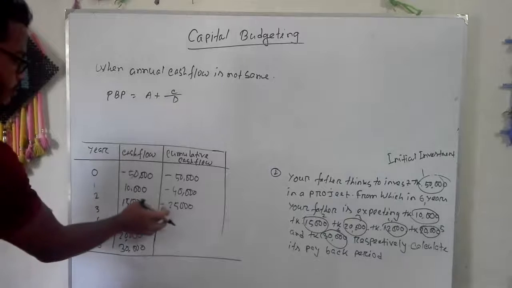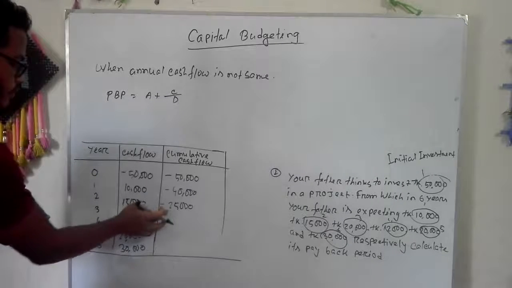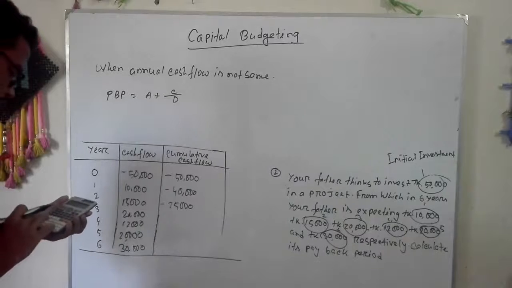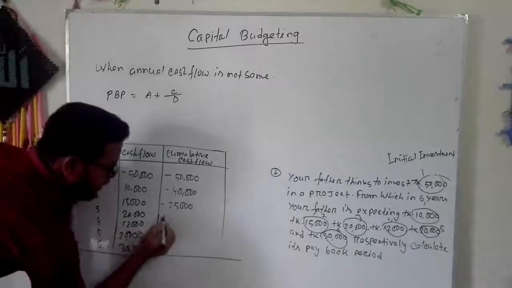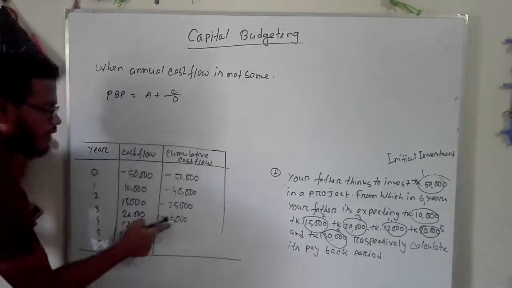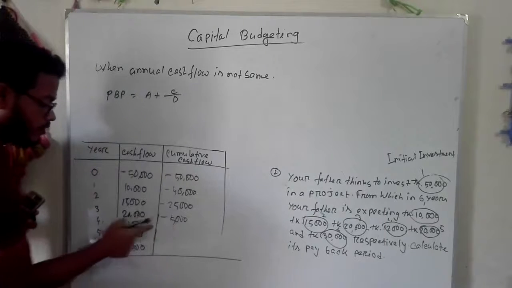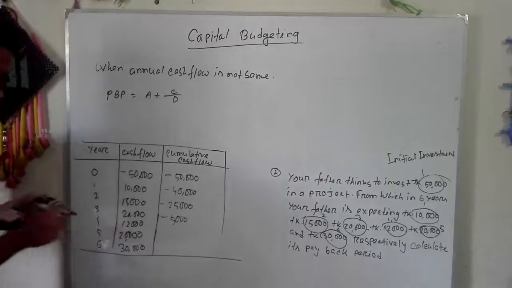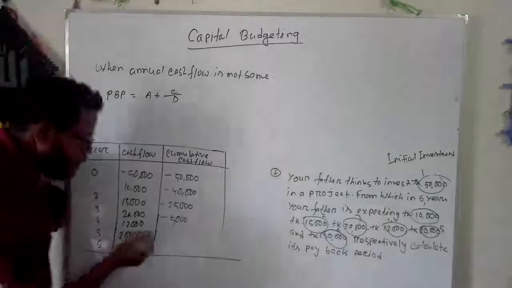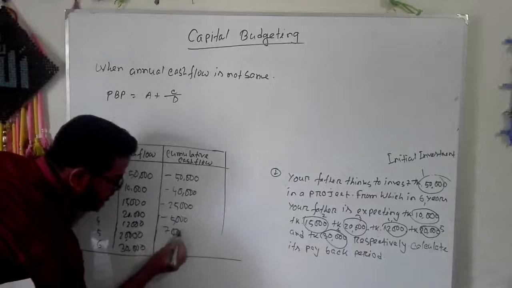When I add minus 25,000 with 20,000, I get minus 5,000. When I add minus 5,000 with 12,000, I get plus 7,000.